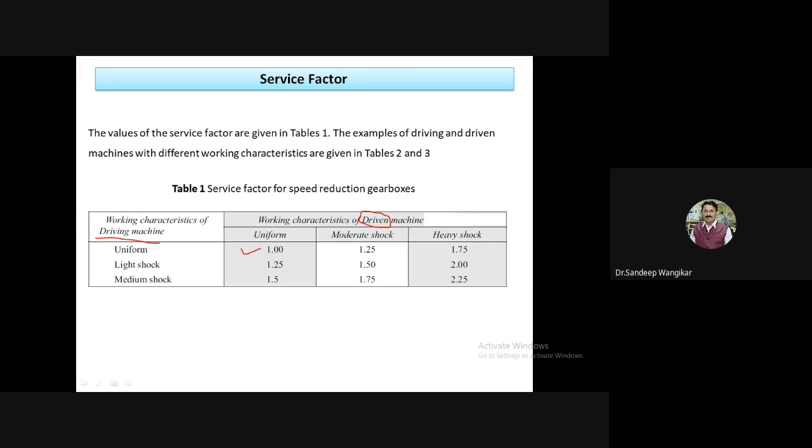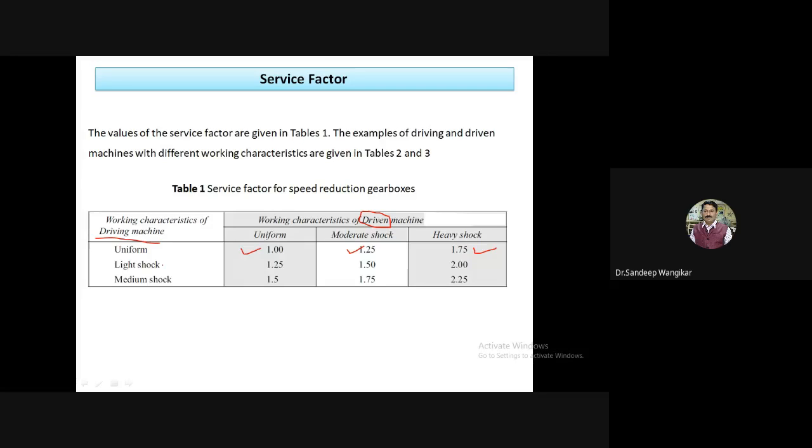Uniform working conditions for the driving machine, moderate shocks for the driven, it is taken as 1.25. Uniform driving machine conditions and heavy shocks at the driven, it is considered as 1.75. See, the driving machine is uniform, but the driven conditions are changed, then the service factor varies from 1.25 to 1.75. This is the first case.